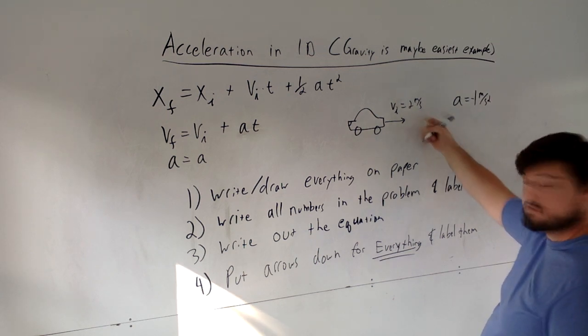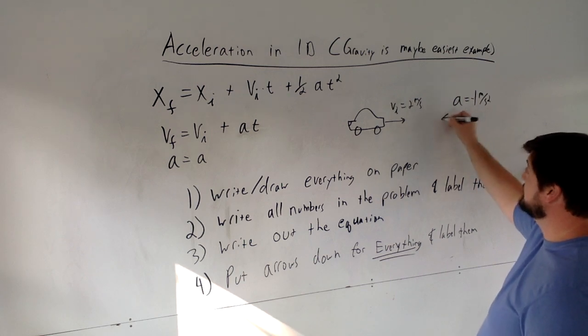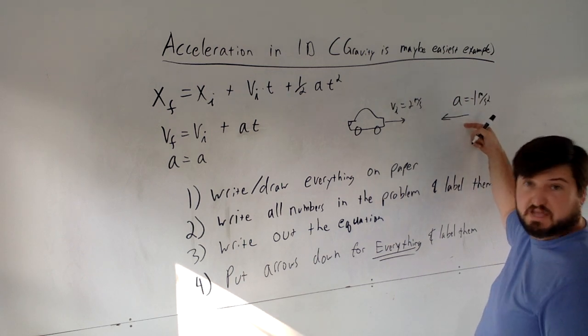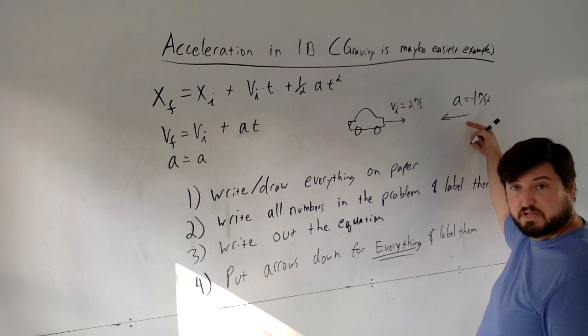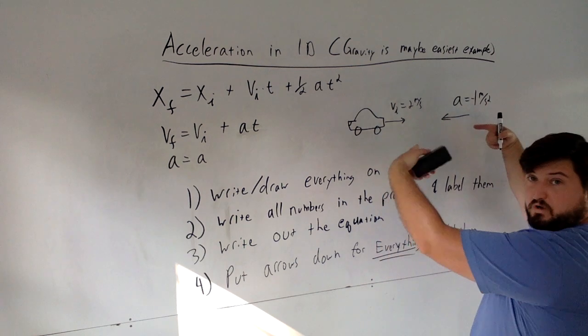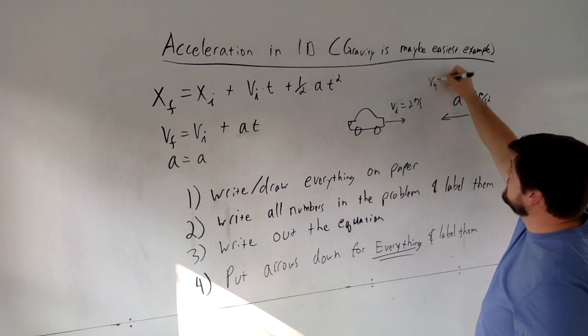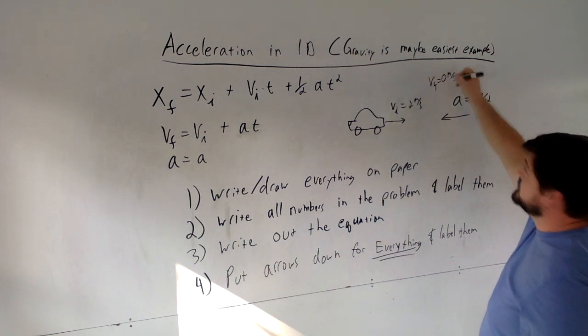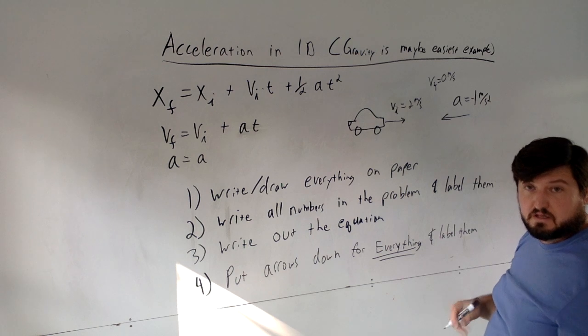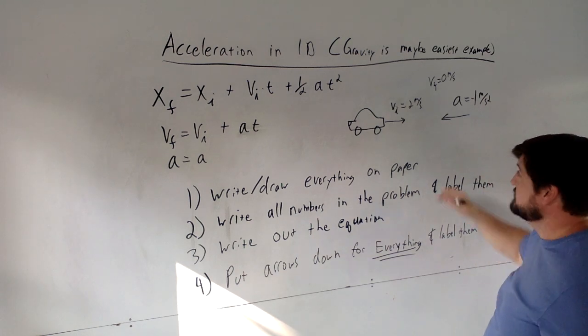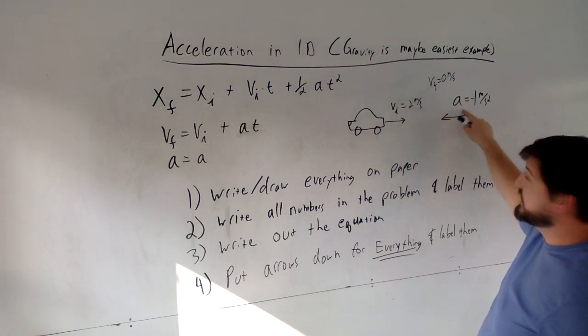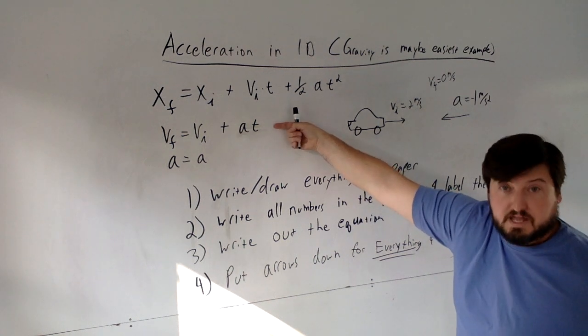This one we labeled as positive, so therefore the acceleration, again, draw it out, even if it's just an abstract concept, right? A is equal to negative 1 meters per second squared. It has to be working against V to get V to cancel out, and for V final to come out as 0 meters per second or stopped, okay? And so from this, you have V initial, V final, and A. Now you could find time.